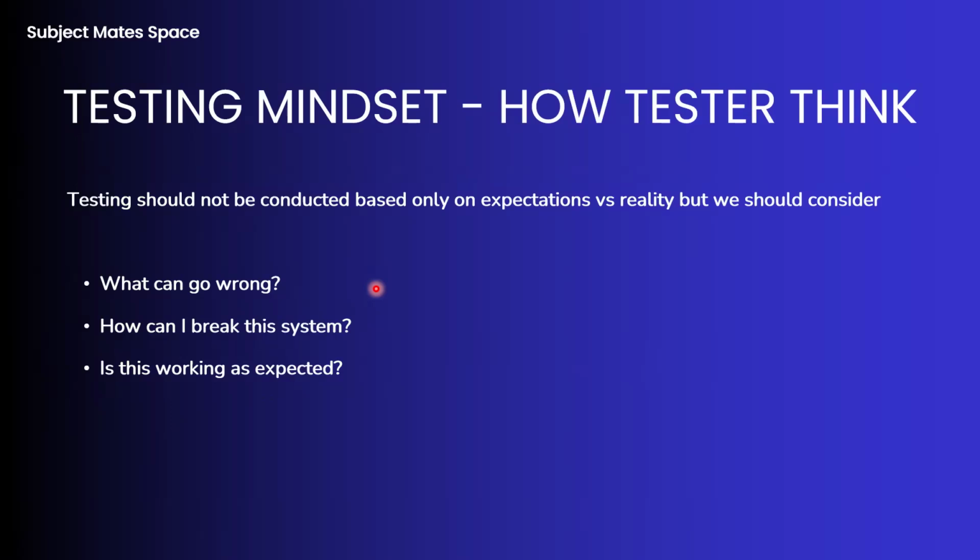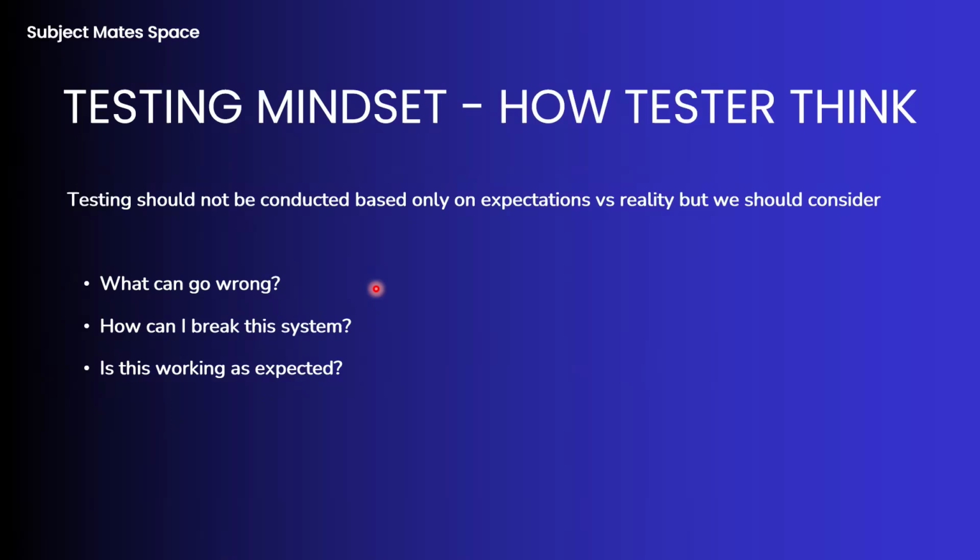No, testers should break the system and check every positive and negative scenario to see if the functionality is working as expected or not. Just like in the login example, if you miss the at the rate symbol in the username, then the login functionality should not give the user access to enter the application.